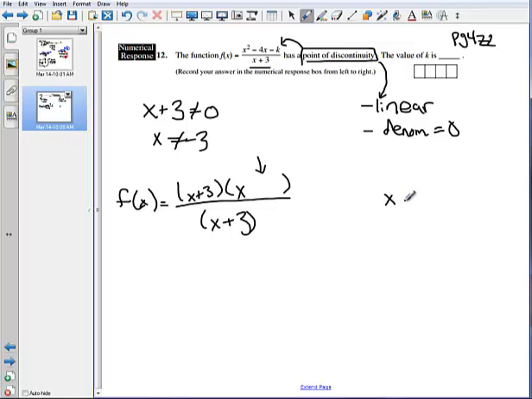So here's an example. Let's say it's (x plus 2) times (x plus 5). When I FOIL this out, plus 5x plus 2x, plus 10.